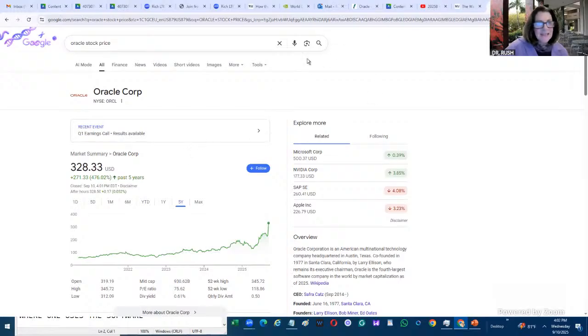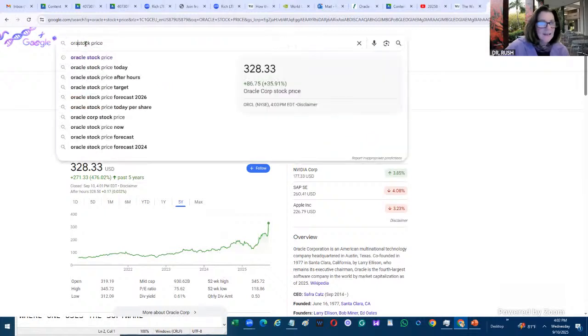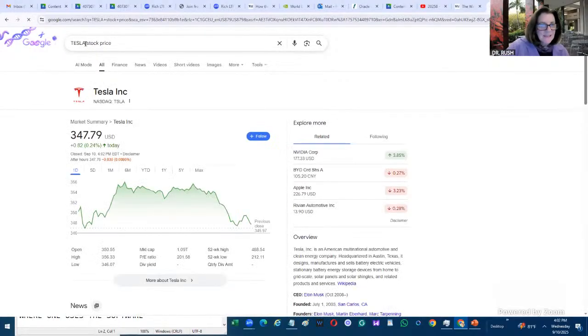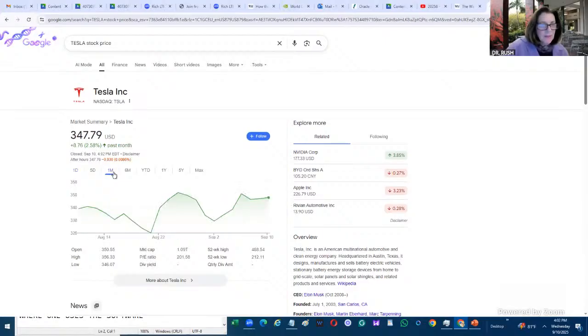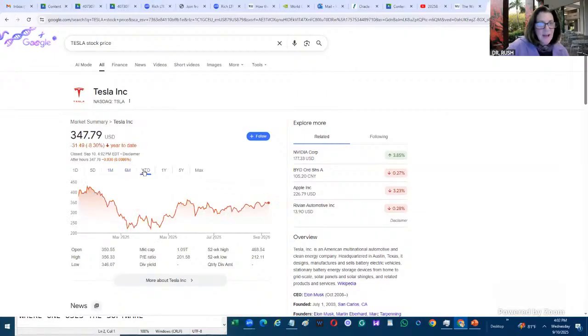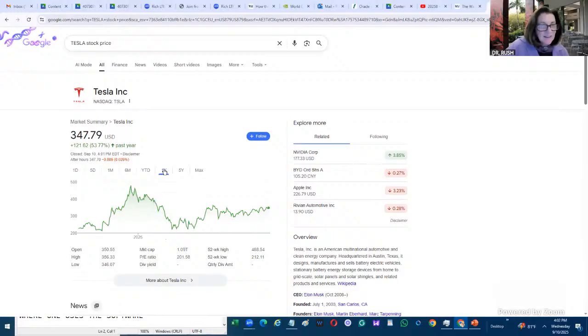It's amazing, right? That if I look at even Tesla, 0.24, 1 month. You remember how that used to go? 6 months, 56, year to date negative 8. In the past year, 53.